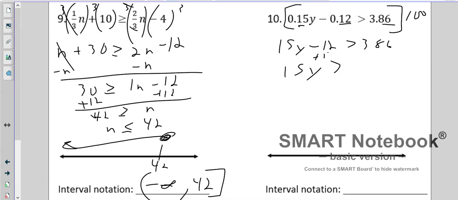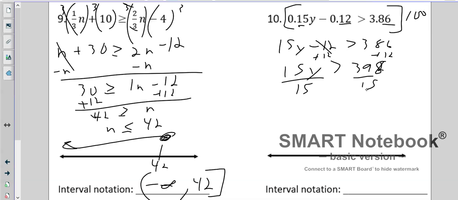Oh, I forgot to show my work. I'm going to add 12 to both sides. So that's going to give me 15y is greater than 392. Sorry, 398. See, we all make mistakes. Now I'm going to divide by 15.